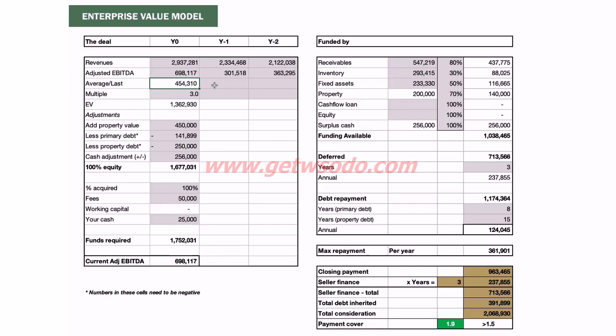Plus, if the profits are falling during one of your meetings with the seller, you should find out if those downward financial trends are going to be fixed. So just remember, when profits are going up through the forecast period, it's taking an average. When profits are going down, it's just taking the Y0 or current year number. And in this case, Y0 shows a spike in performance. So the average revenue will ensure that we're buying the business at a sensible level.